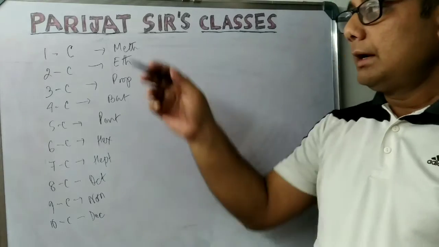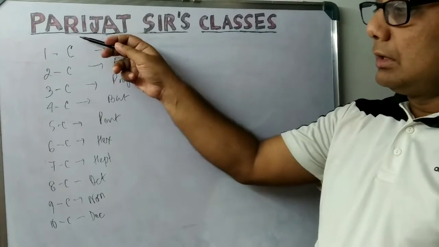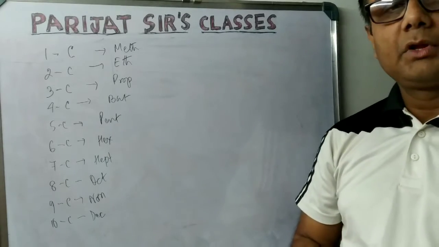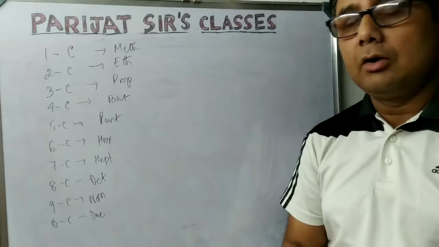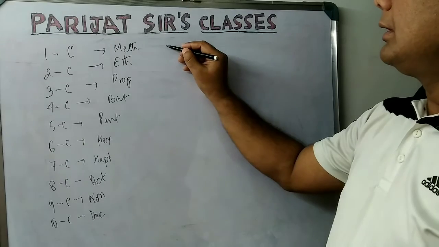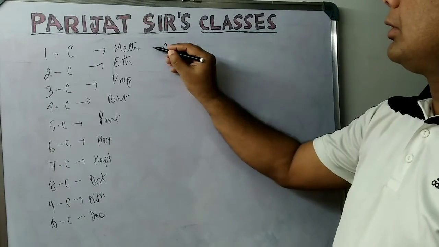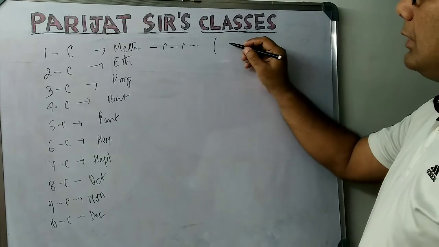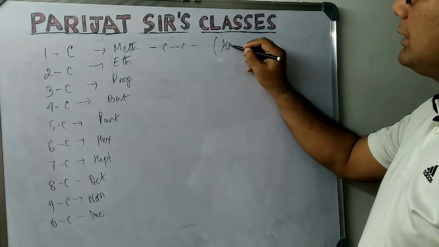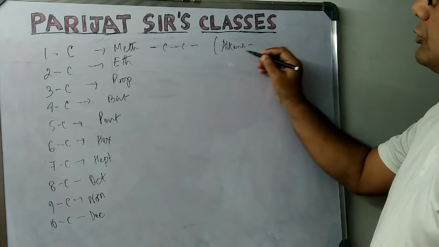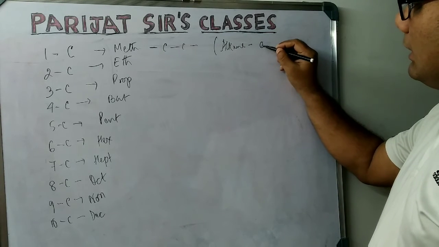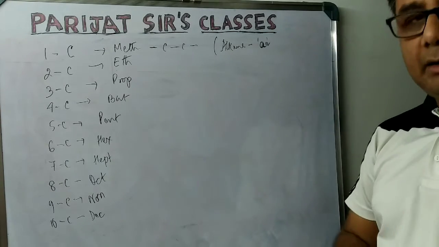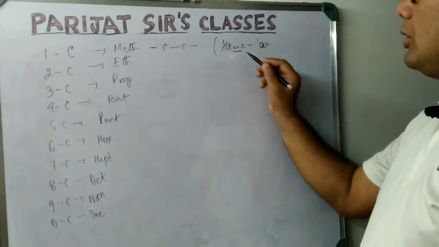Please note it down that as per the number of carbon atoms, the name will start with these initials. Now if you have a carbon to carbon single bond, those are alkane groups, and we will choose A, or sometimes AN.